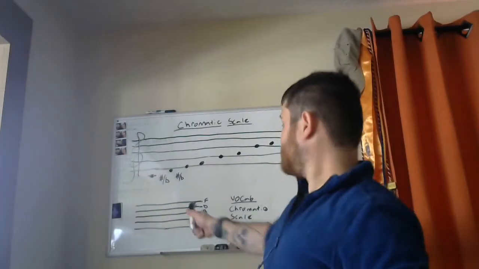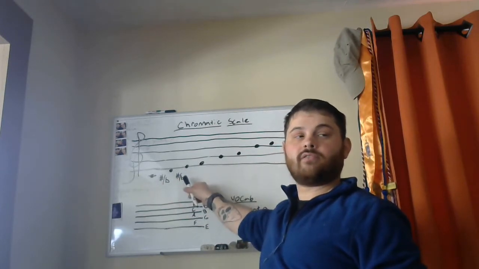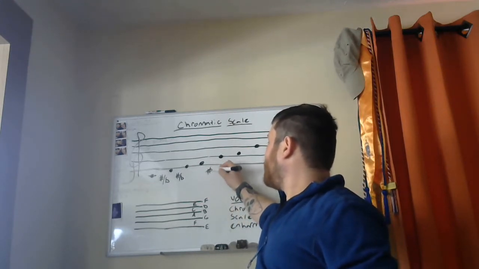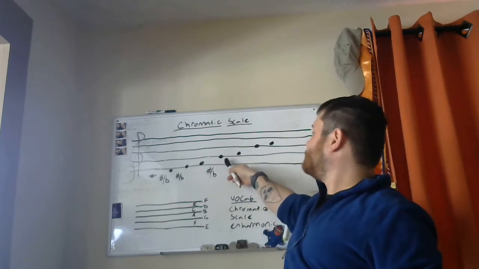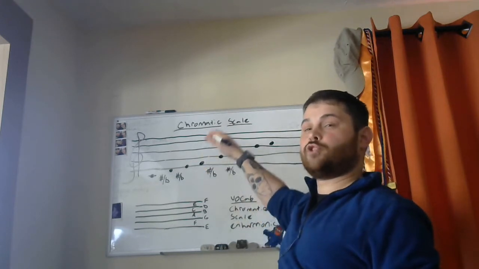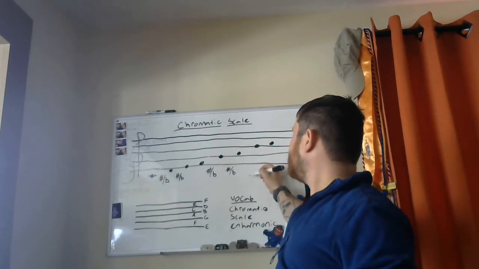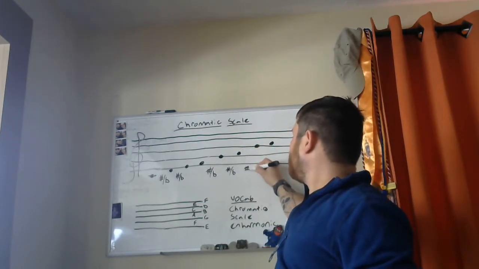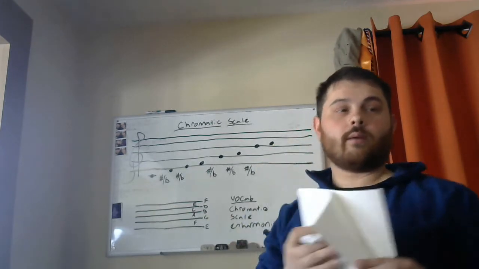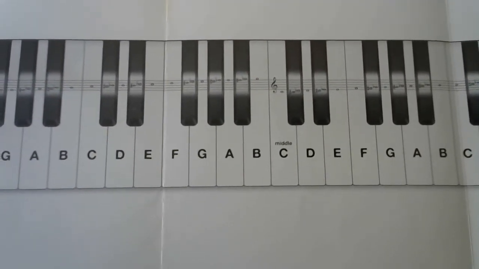So we have C, a sharp or a flat, D, a sharp or a flat, E, F, and then after F we have a sharp or a flat, and then we have G, after G, a sharp or a flat, not G sharp, after the note G, there's another note, which is a sharp or a flat, then A, then after A, we have another sharp or a flat, and then we have B and C. And if you remember here, B and C has no black key in the middle.